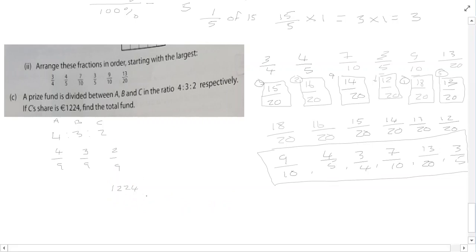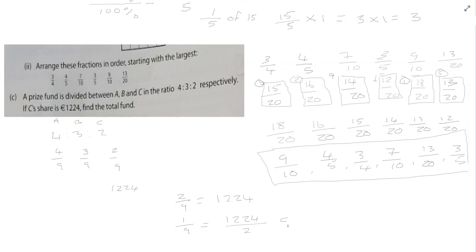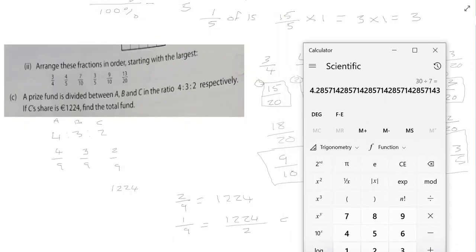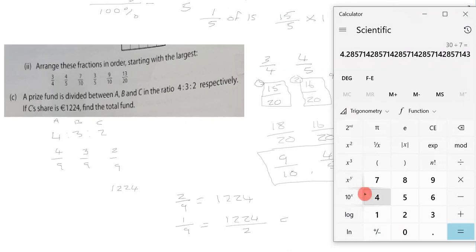I can just write it like this. 2 over 9 is equal to 1,224. So therefore 1/9 is going to be equal to 1224 divided by 2, which, if we just figure this out, is equal to 612.